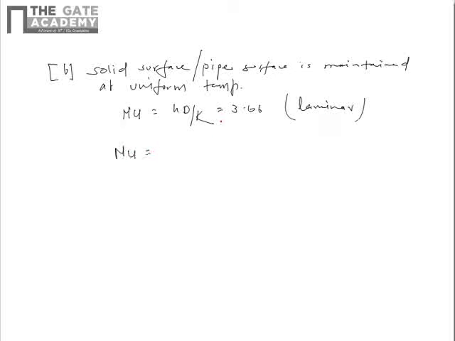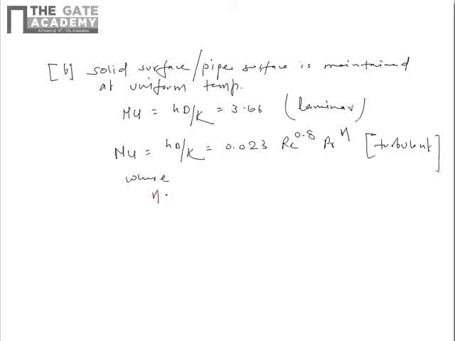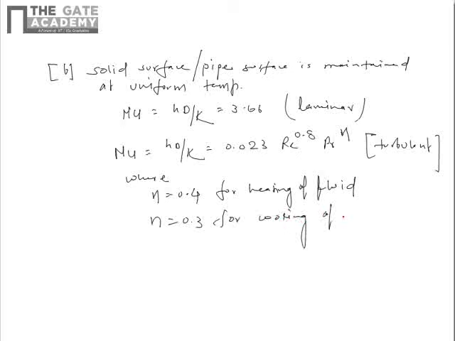Otherwise Nusselt number is given as 0.023 into Reynolds to the power 0.8 Prandtl to the power n. This is for turbulent, where n is equal to 0.4 for heating of fluid and n equal to 0.3 for cooling of fluid.